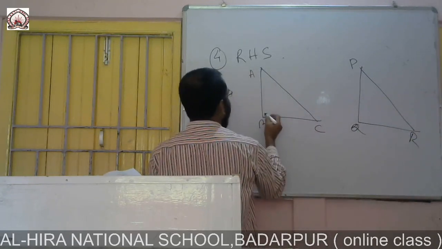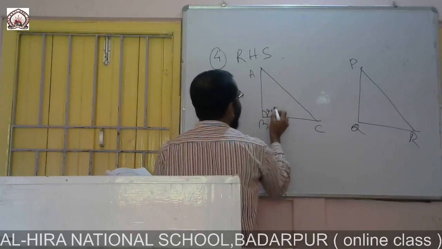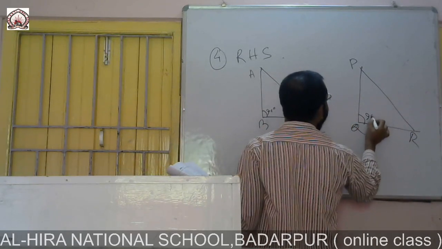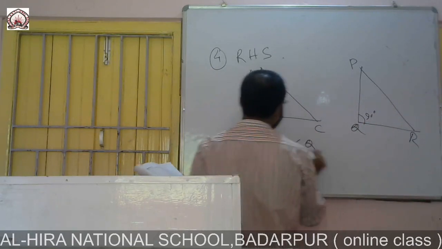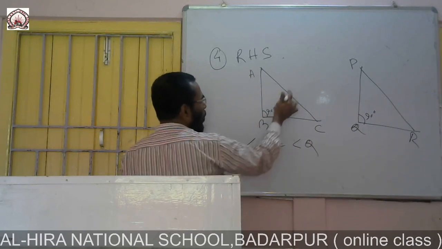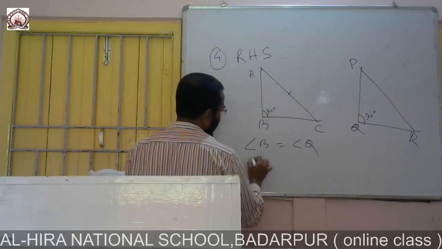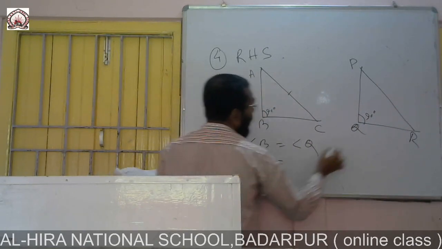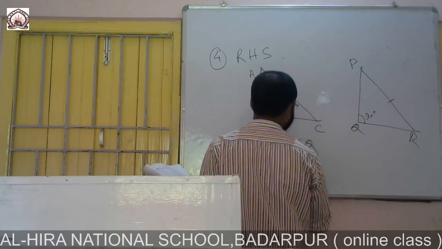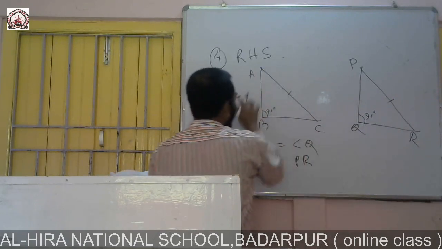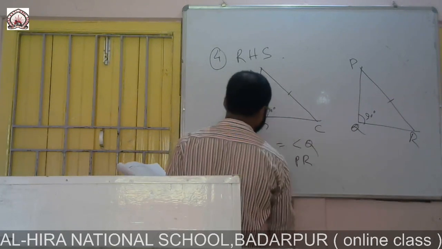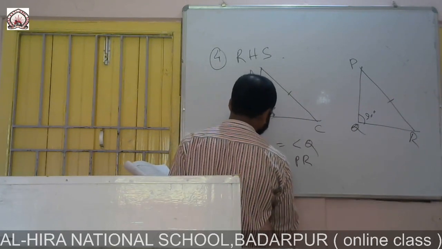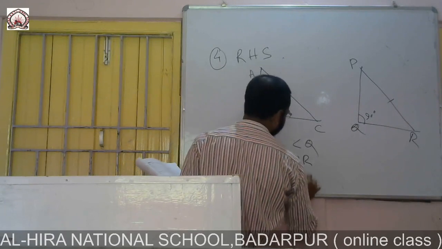This one is a right angle, and this one is a right angle. So angle B is equal to angle Q, and the side opposite the right angle is called the hypotenuse. AC is equal to the hypotenuse PR, and any other side, either AB or BC, you can say any side. Suppose BC is equal to QR.